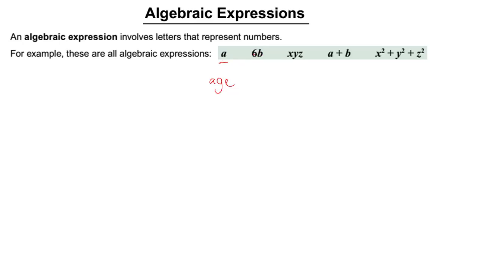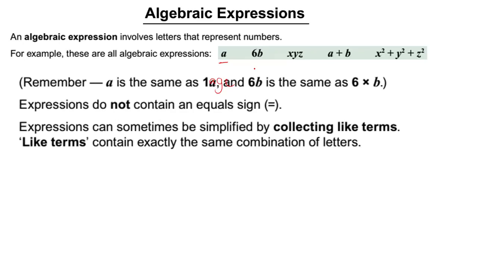Okay. So this is an expression. That's an expression. This is an expression. All these ones are basically expressions. So expressions are basically letters that stand for numbers. Now, before we start simplifying expressions, I'm just going to remind you quickly that when you have one in front of a letter, you don't normally write it. That basically means that you just have one of that.